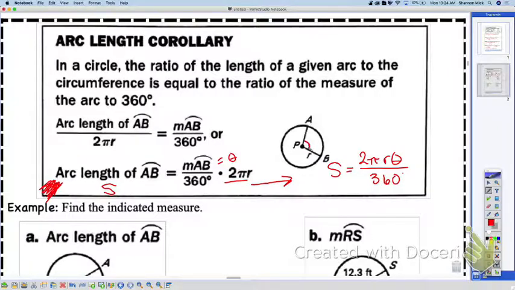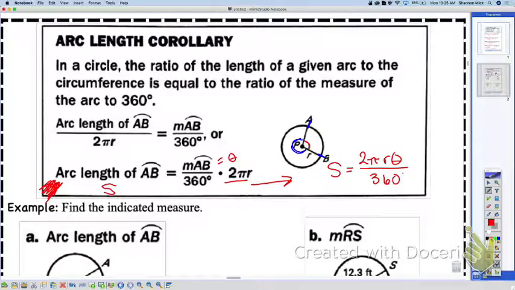Now, if I wanted the small arc between A and B, I would use this red angle, right? But if I wanted the big arc between A and B, I'd need the big angle, wouldn't I? S, arc length, is this, from here to here. And theta is the angle in the middle at the center.